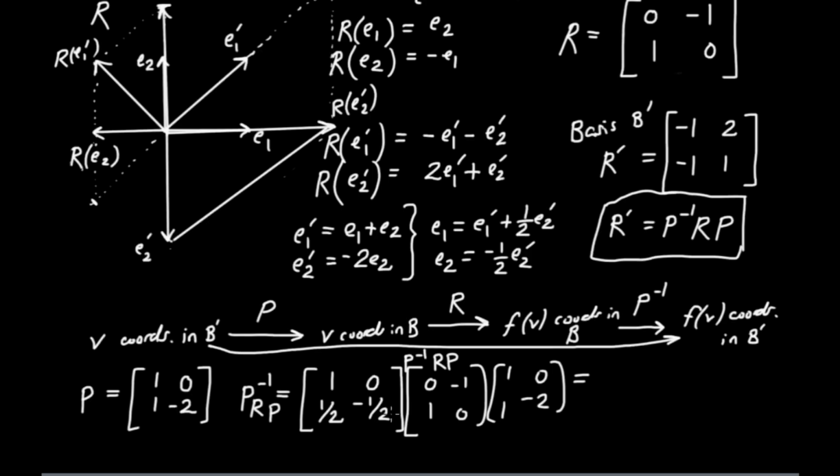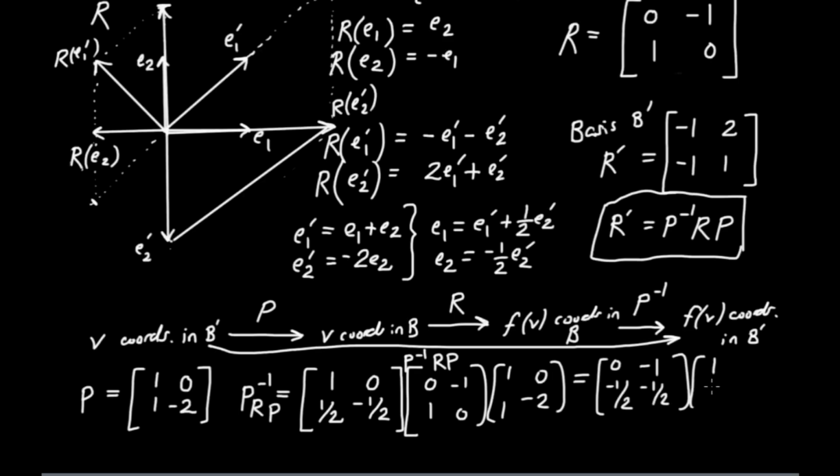This is equal to, let's multiply this matrix by this matrix. I have 0, 1, so I'm going to take 1 of the second column, 0, minus 1/2, then minus 1, 0, so minus 1 of the first column, minus 1, minus 1/2.